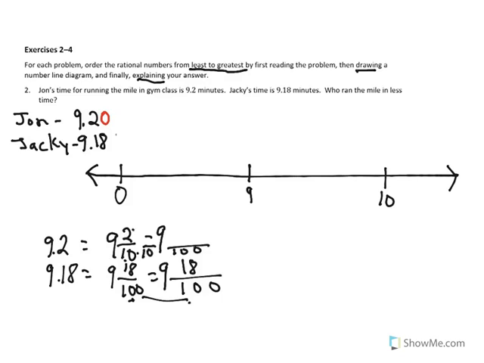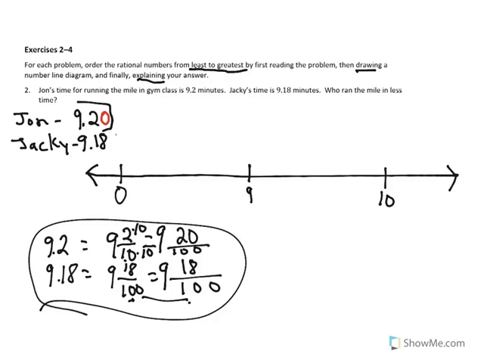I multiplied it by 10, and I have to do the same to the top. 2 times 10 is 20. As you can see, that's the 20 I have here. This is all I did in my head when I made that 0 appear. When you do IXL, they're going to expect you to be able to do this as well.